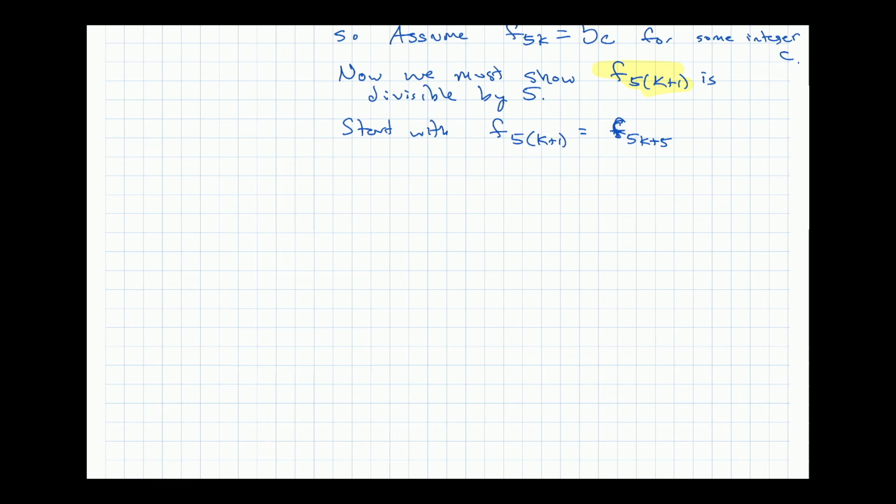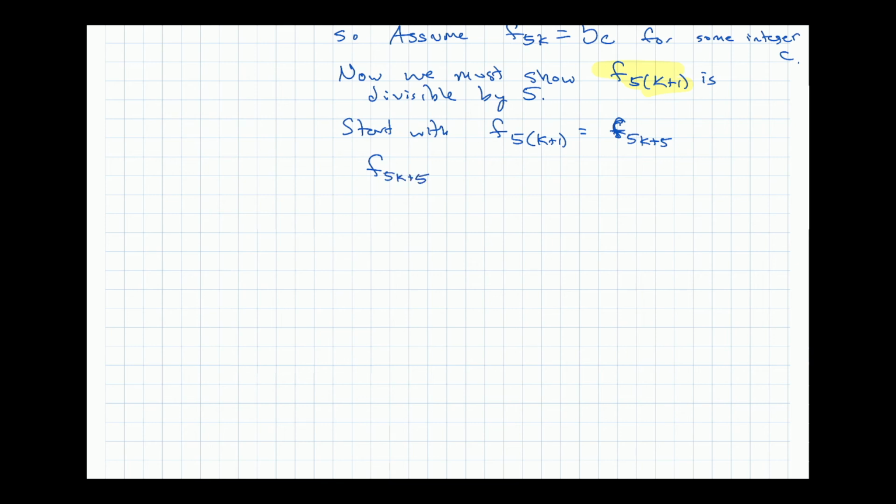It's not always easy to tell in handwritten notes, but these are all subscripts. This is not a subscript, but this is a subscript. So the 5 can't come off of this f5k plus 5 or anything like that. Okay, so we have f5k plus 5.